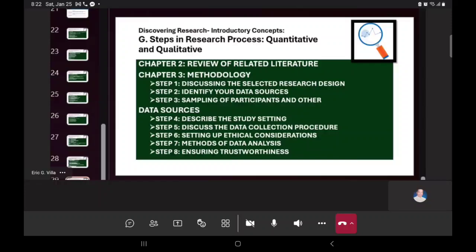And this theoretical sensitization process allows discovery of new insights, recognition of patterns, understanding of contextual factors, and development of initial conceptual frameworks. In literature review, there is a multiple perspective integration.